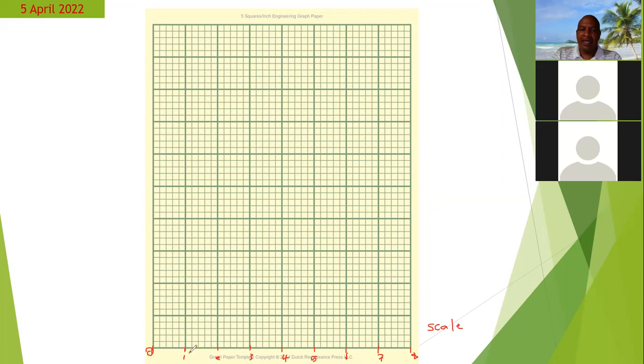So it means that our scale on the x-axis, we are using 1 centimeter to represent, or if you don't want to use the word represent, you could say 1 centimeter equal to 1 unit on the x-axis.